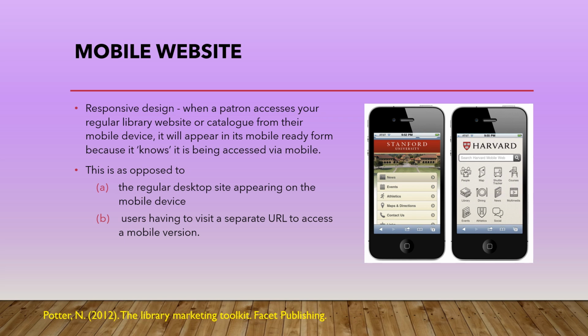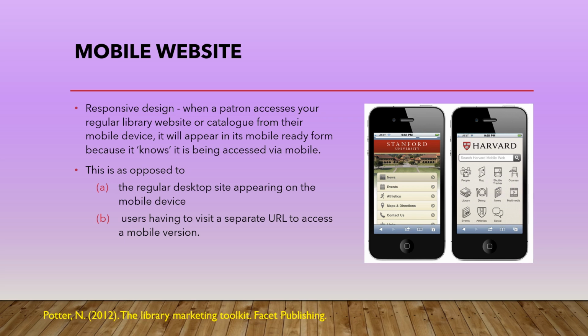So a mobile website should have a responsive design. When a patron accesses your regular library website or catalog from their mobile device, it will appear in its mobile-ready form because it knows it is being accessed via mobile. So your library website can be converted into a mobile website if it is accessed on a mobile device.